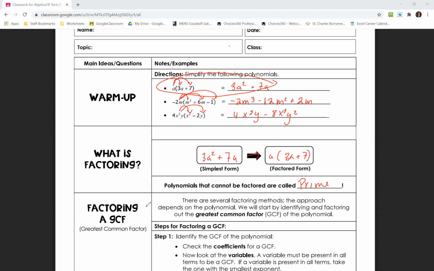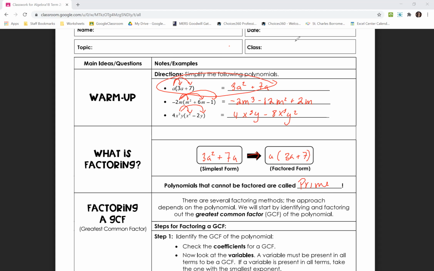Factoring sometimes can feel a little bit more difficult, because sometimes there are several terms going on, things being multiplied. So every day for the next 4 or 5 days, we're going to be looking at several different techniques to be able to factor.